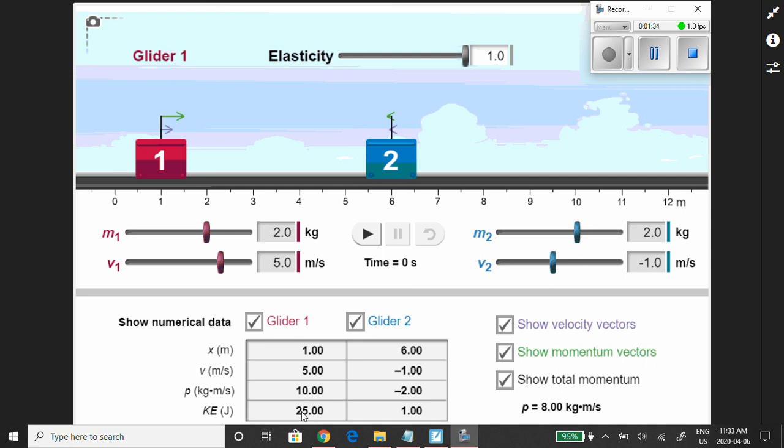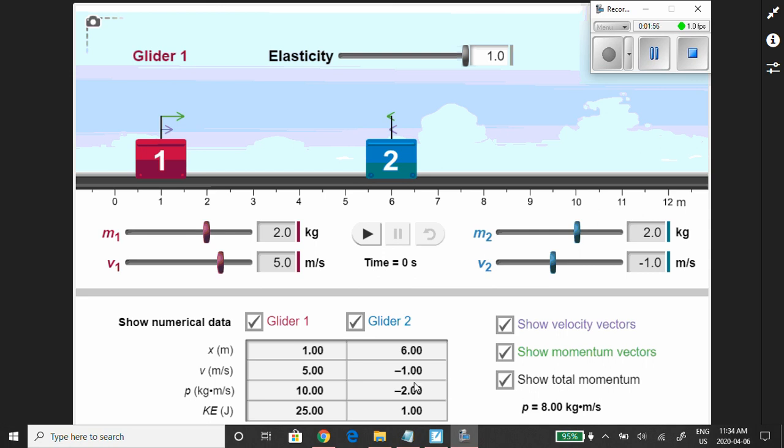Remember, energy is a scalar, momentum is a vector. Let's move on to glider number 2 here, the blue one, and it has a mass of 2 kilograms, a velocity of negative 1 meters per second. It's moving to the left, right? So we could use the mass and the velocity to calculate its momentum.